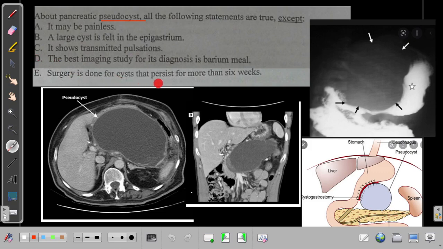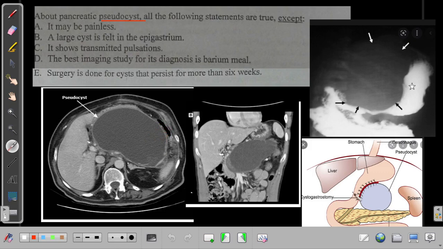Surgery is done for cysts that persist for more than 6 weeks. That's true. For pseudopancreatic cyst, avoid intervention before 6 weeks because after 6 weeks you will get a tough wall of granulation tissue, the wall of the cyst. You can make a window between the cyst and the posterior wall of the stomach to drain this cyst.